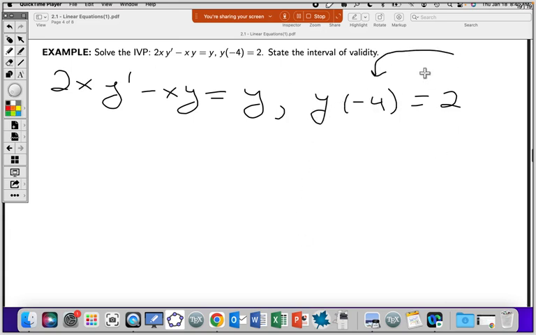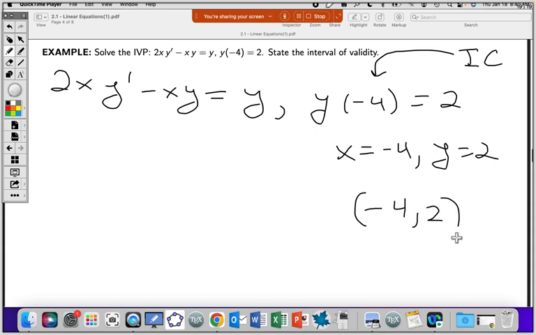So once again, this is called an initial condition, and we're saying that when x is negative 4, I want the y to be 2. So if I want to think of this geometrically, this differential equation is telling me about the slopes of a curve. I want a solution curve that goes to the point negative 4, 2. So we'll see how this plays into our calculus here.